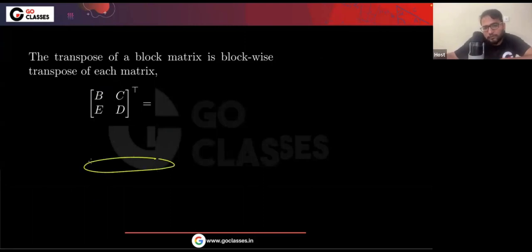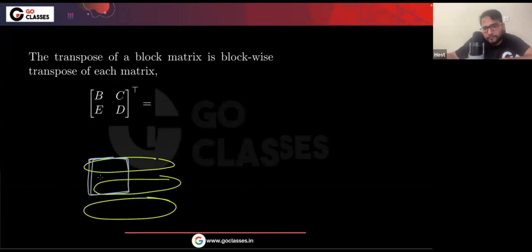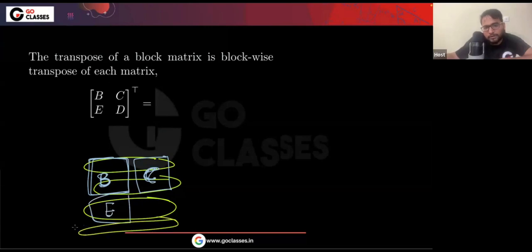Let's suppose for the whole matrix, this is the first row, this is the second row, this is the third row. This is B here, this is C here, this is E here, and this is D here. Let's suppose there are four rows.